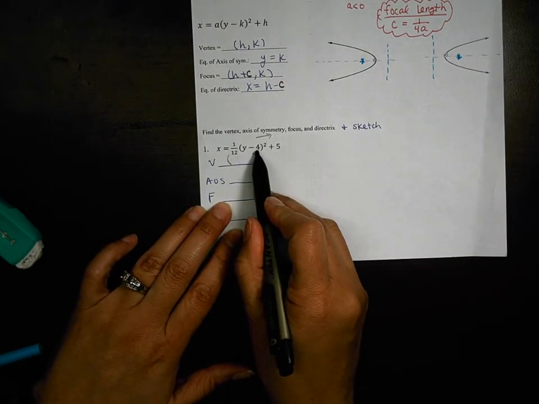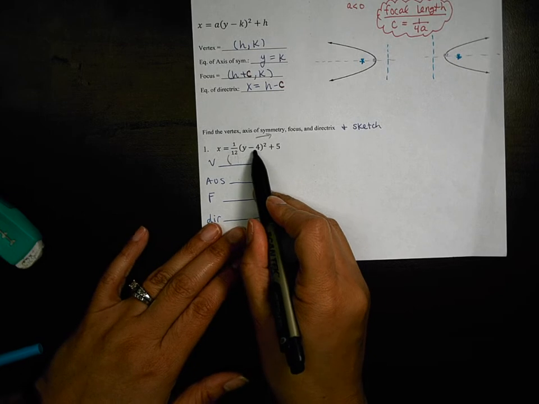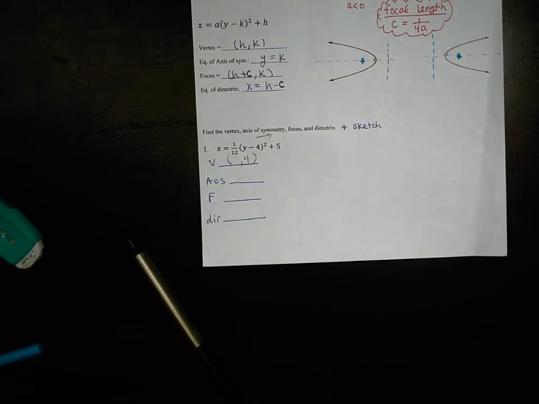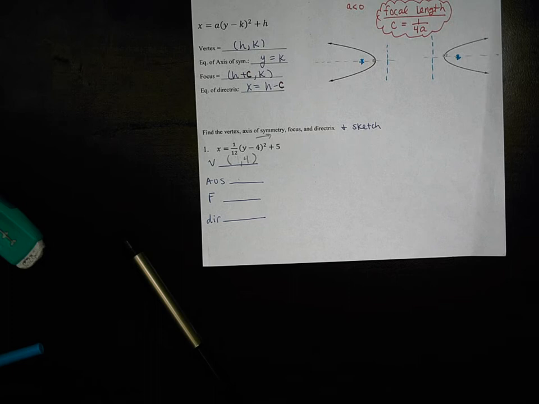Yes, it's opposite of the inside, but how do you know that that 4 goes over here? What's a big hint? Look at where the 4 is. Where the 4 is hanging out with what variable? So it should go in the y spot, which means the 5 was left to go in only one other spot, which is the x.